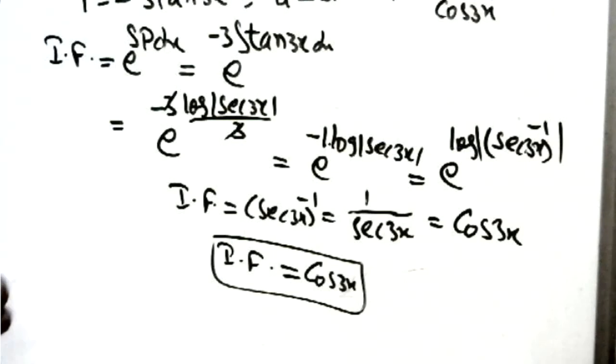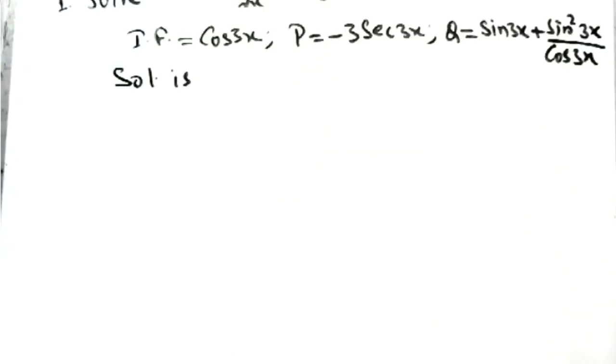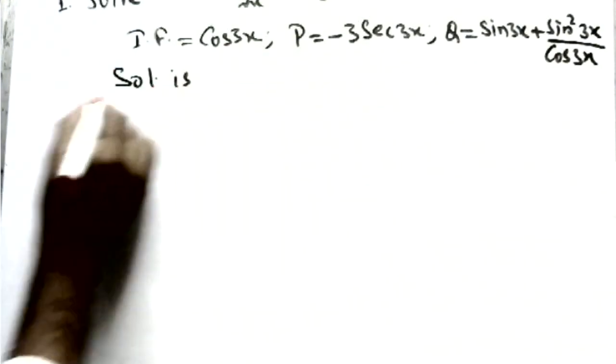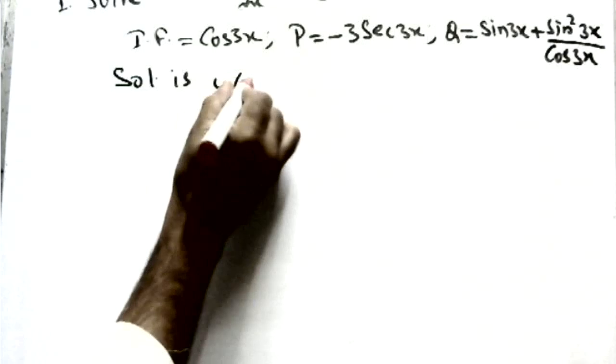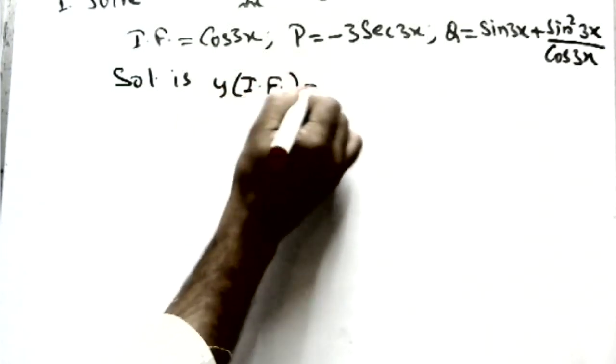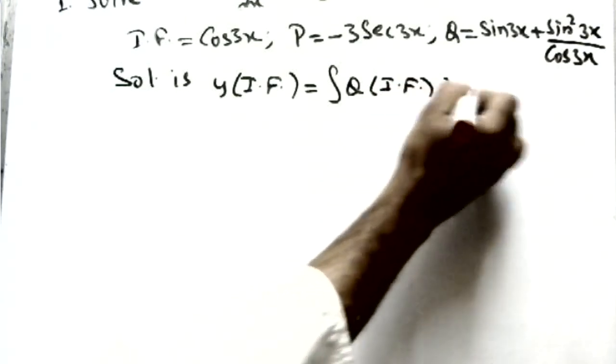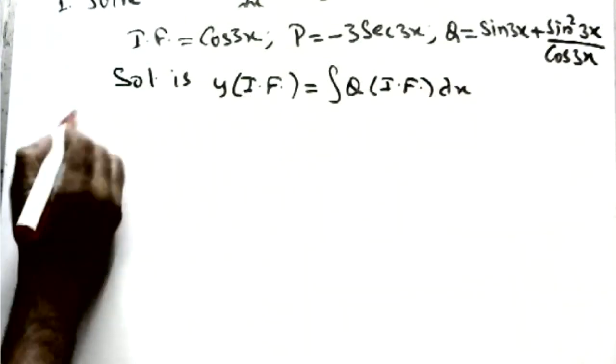Now let's write the next step. What is the next step? Solution for it. Now see here, we have got the integral factor. We already have the values of p and q. So what is the solution? The formula for the solution is y into integral factor equals the integration of q into integral factor dx.